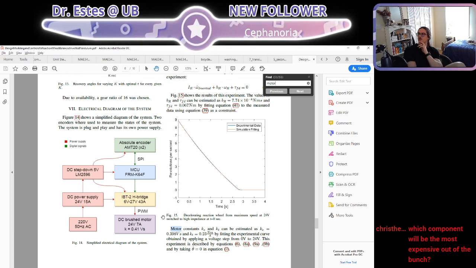Actually, we should get a motor with an encoder to measure the angle, obviously. The motor driver is probably also between 20 and $30.